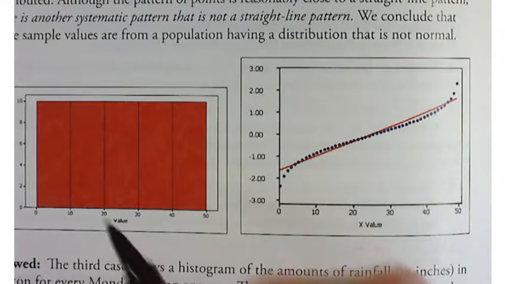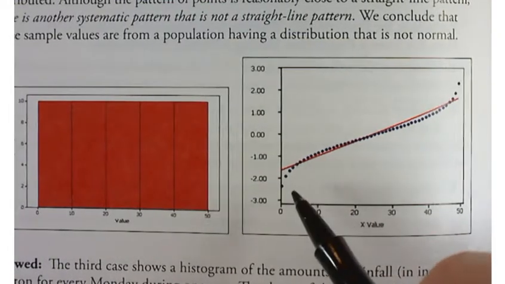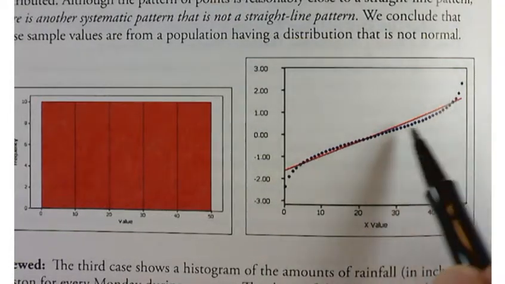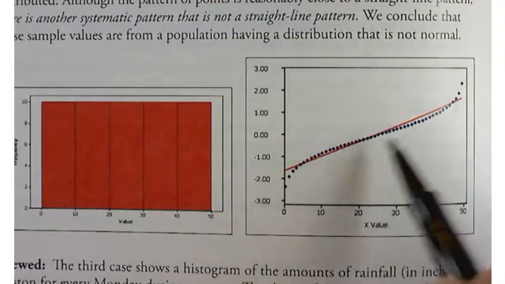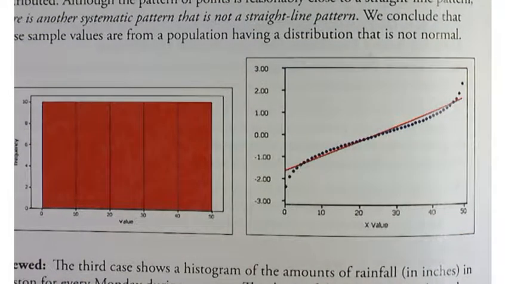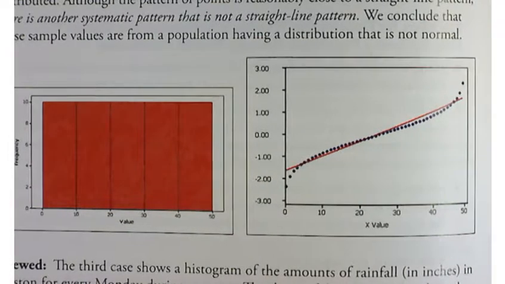If you did a normal quantile plot for this kind of data, notice that it curves nice and neatly up above and down below. There's something more to this pattern other than random fluctuations about a straight line. If that's the case, you're not looking at a normally distributed set of data.